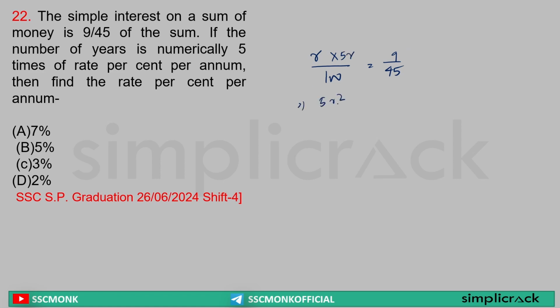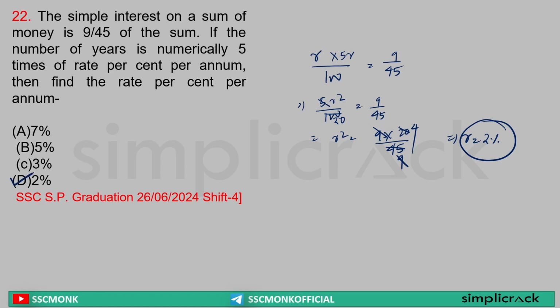That means 5R square by 100 is equal to 9 by 45, or R square is equal to 9 into 20 by 45. 5 9s are 45, 5 4s are 20, 9 crossed out, R square is equal to 4, R is equal to 2%. So what is the rate of interest? 2%. I hope till now you are understanding what level of question and different varieties of language I am giving you.